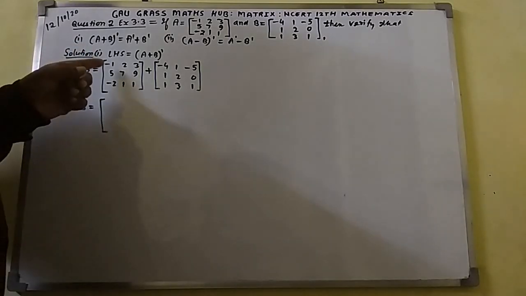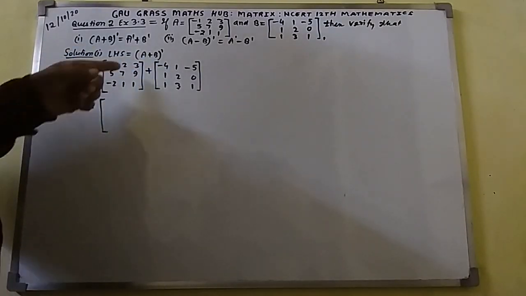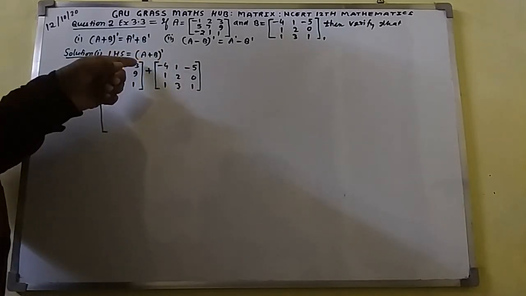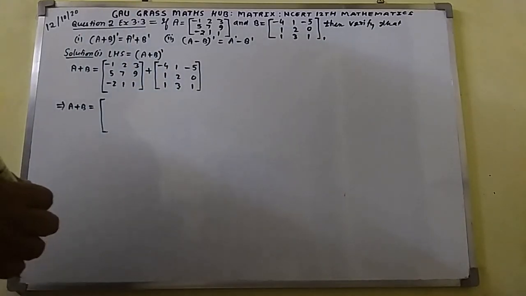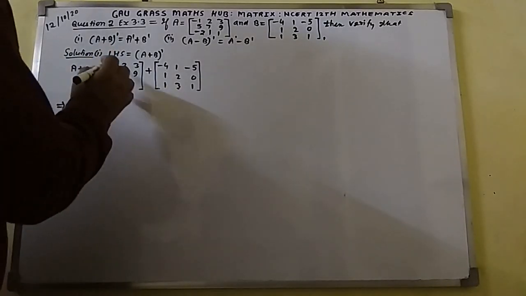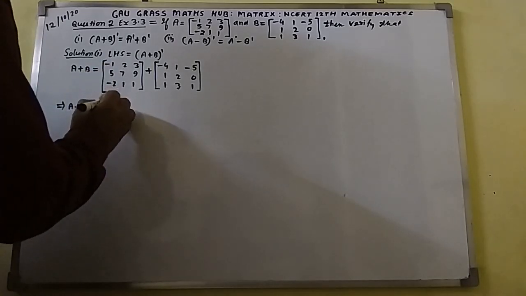Respective elements will be added: the first element -1 will be added to -4, the second element 2 will be added to 1, and 3 will be added to -5. Like this I shall do the operation.